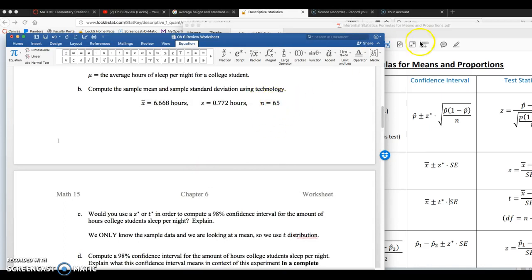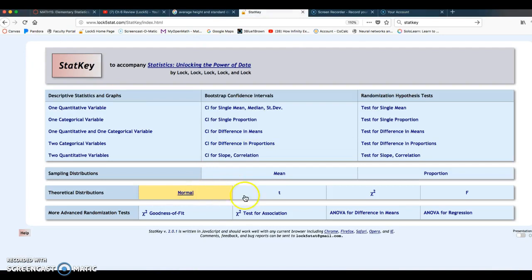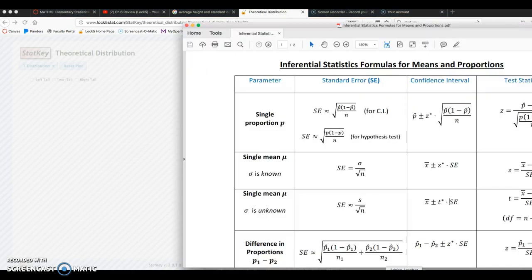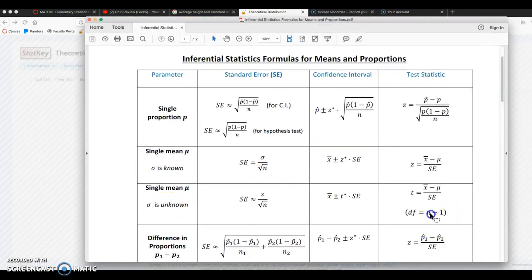So I've got a sample size of 65. So I'm going to go back here, go to the t distribution. Degrees of freedom is 65 minus 1, 64 degrees of freedom. And that is also given on your formula sheet. Degrees of freedom is n minus 1.